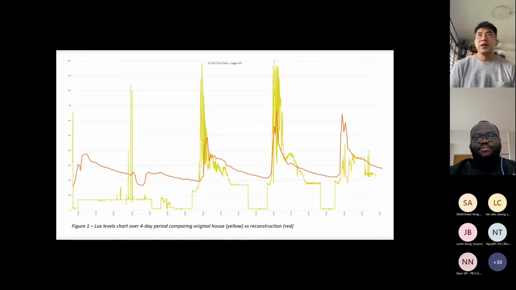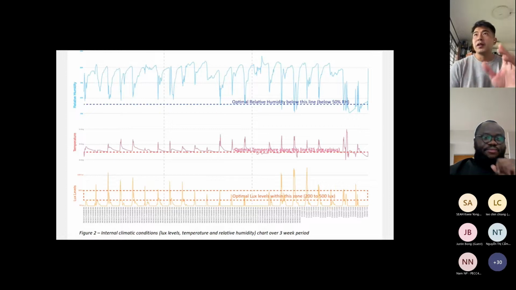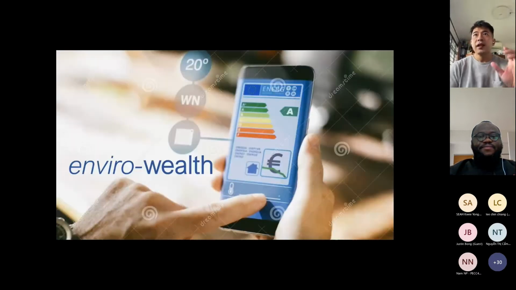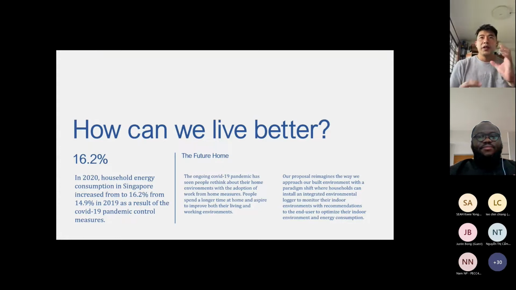These are the kind of information that you can log: humidity, temperature, and lighting levels. This is what I'm currently researching on. I want to set up a platform called EnviroWell, in which we will be able to tap onto information.